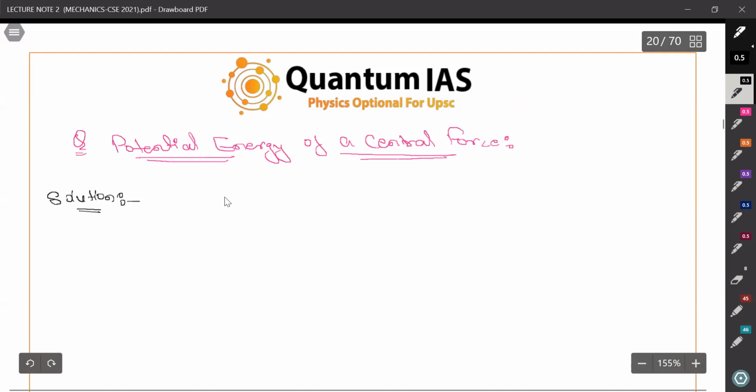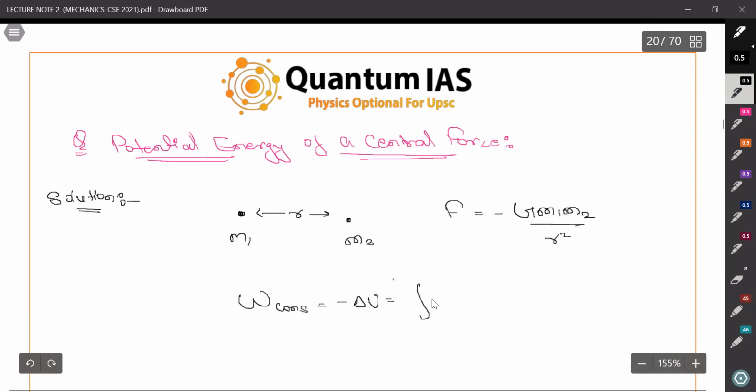So for example, suppose a central force where m1 and m2 are separated by a distance r. We can write the force here, F is equal to minus G m1 m2 upon r square. This is the force between them. And we also know that work done by a conservative force is minus delta U, which equals integration of F dot dr. You can use this.